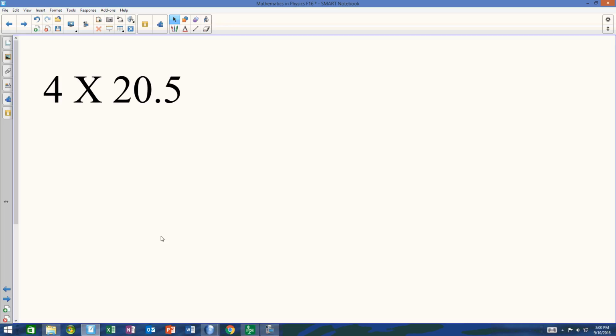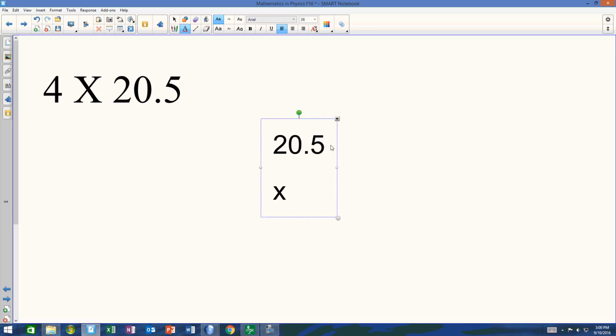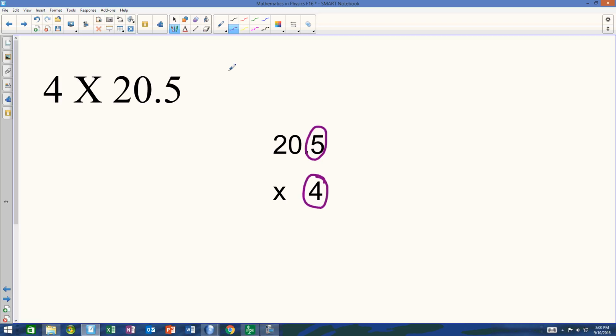Okay, so here we have 20.5 times 4. I'm going to type it out, 20.5, times 4. And again, I'm going to circle my uncertain digits. Now, if I multiply by an uncertain digit, whatever I get is uncertain.